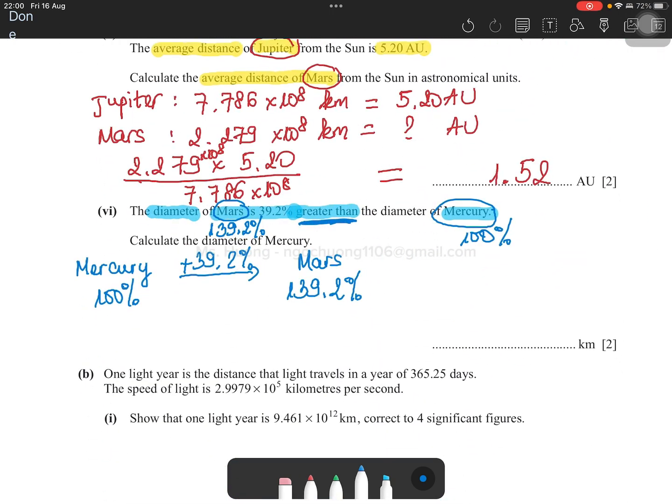So Mars is 6,800 kilometers for the diameter. So we find Mercury. Then we need to divide 6,800 by 139.2 to find the value of 1%. And then we multiply 1% by 100 to find the value of 100%. So this one is equal to 4,890.